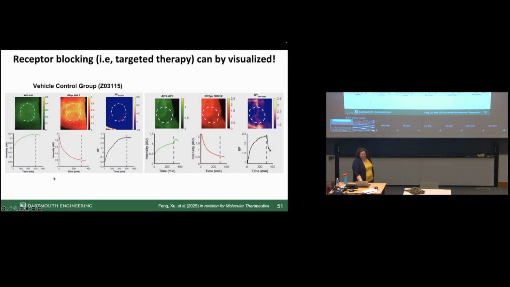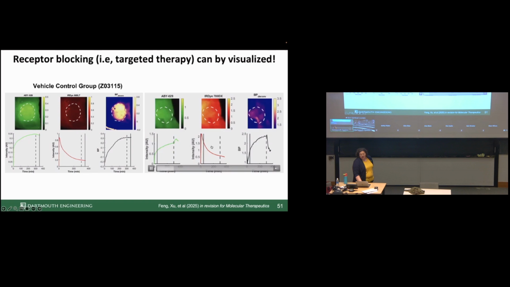But what I just want to show here to take home, this is the last slide, is ABY029, so single agent imaging here on the left in both cases, and then our paired agent imaging on the right. So this is the vehicle group. This is injection of our imaging agents and then injecting just saline. You can see this dashed line is where the injection happens, and you can see that there's no change in this receptor concentration here.